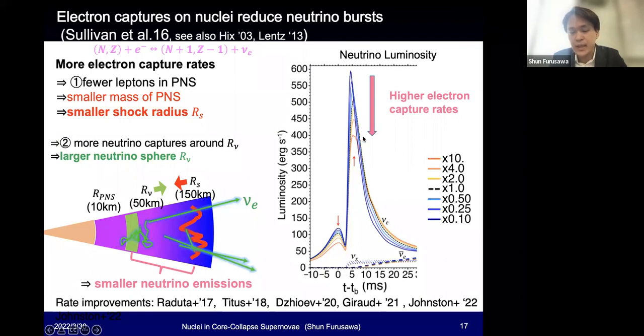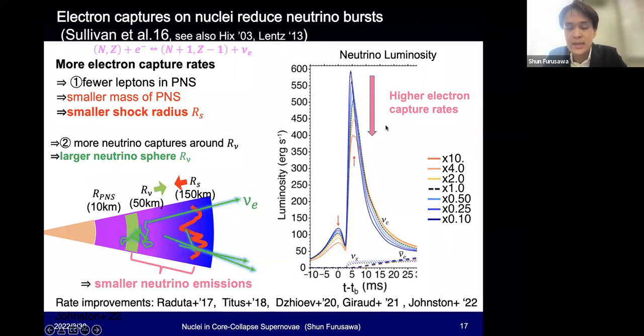Basically, the amount of neutrinos emitted via the neutronization burst depends on the mass between the shock radius and the neutrino sphere. And if the electron capture rate is high, the shock radius becomes small, the radius of the neutrino sphere becomes large, and the emitted neutrinos become small.